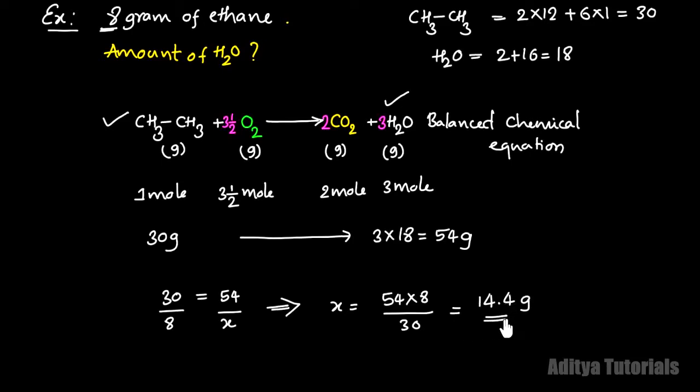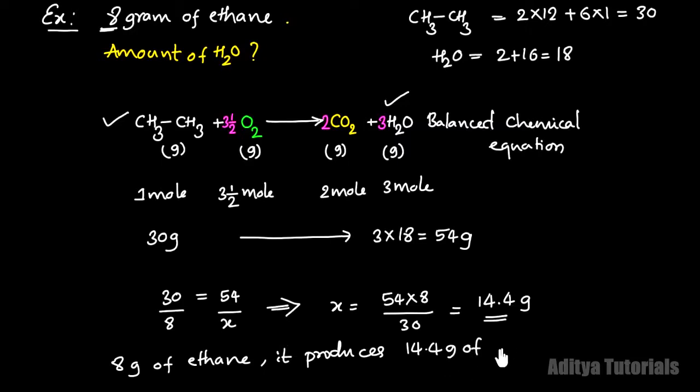So this is the answer. It means that when 8 gram of ethane is combusted or burned in air, it produces 14.4 gram of water.